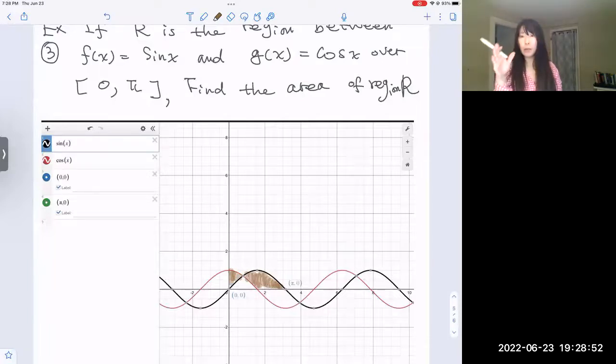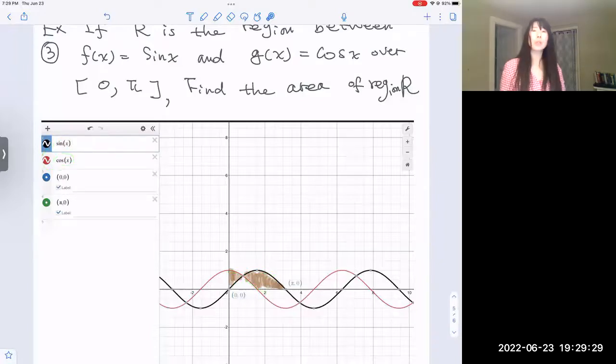Now we want to find the area between two curves. It must be top minus the bottom. Okay? Now, can you see that from 0 to here, the top is cosine x? The red one is cosine x, right? The bottom is black, which is sine x, right? After that, here the black one, which is sine x, is the top, and the red one is the bottom.